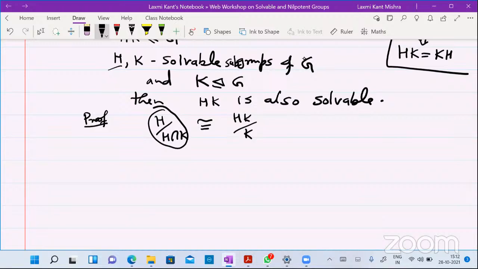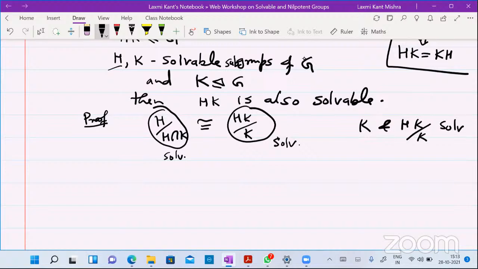Since H is soluble, its factor group is also soluble, so HK by K is also soluble. So K and HK by K both are soluble. Hence, we can say that HK is also soluble.